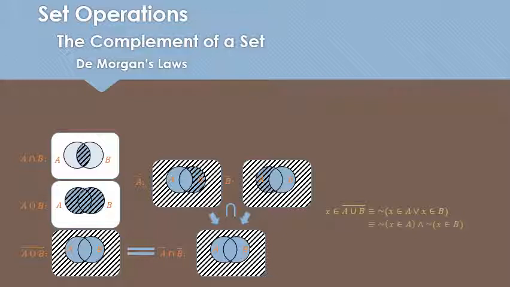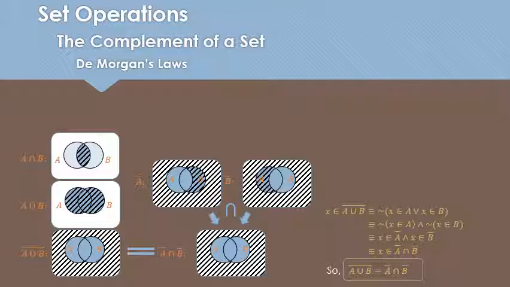And now we can use De Morgan's law of logic to distribute that negation over the disjunction and get a conjunction of these two statements, which just means that X is in A complement and X is in B complement. Writing that in terms of sets, X is in A complement intersect B complement.